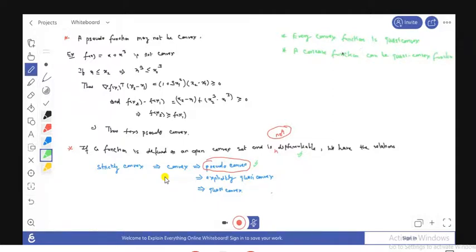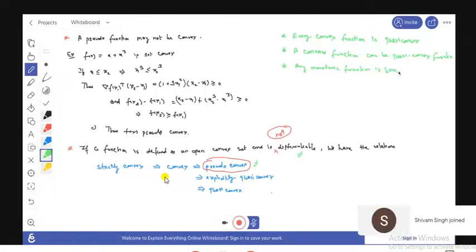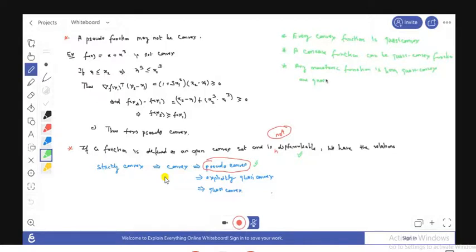And third, any monotonic function is both quasi-convex and quasi-concave.